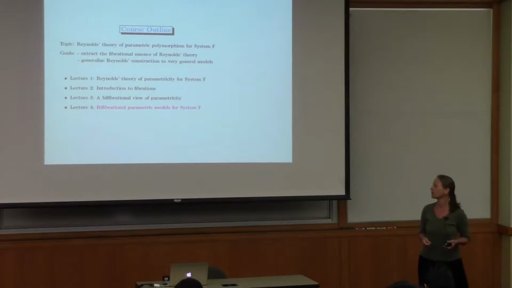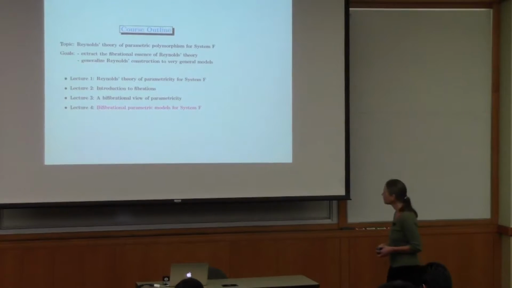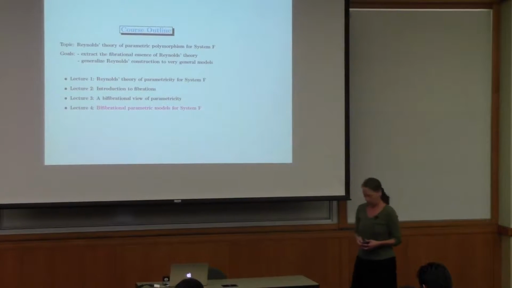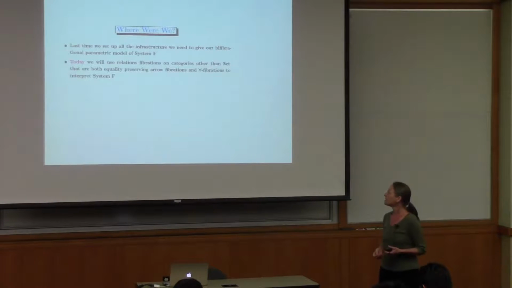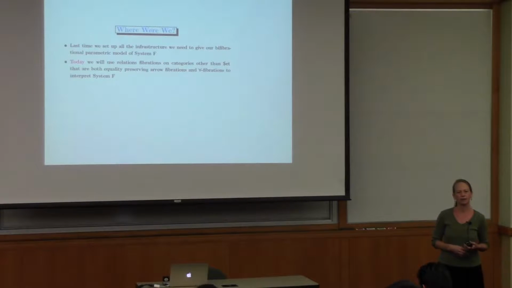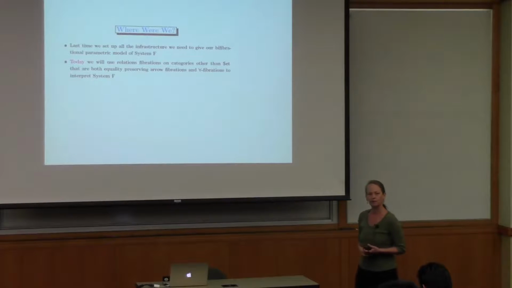So that means we're finally going to use all of this infrastructure that we built up to make a model of system F, make our parametric model of system F. Particularly, what we're going to do today is use the relations fibration on categories that we talked about last time. That's the fibration that's built by pullback.